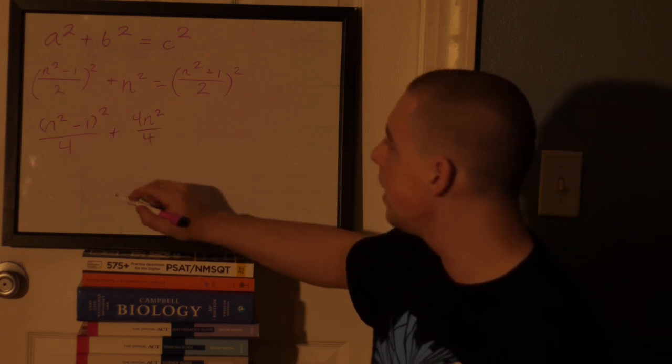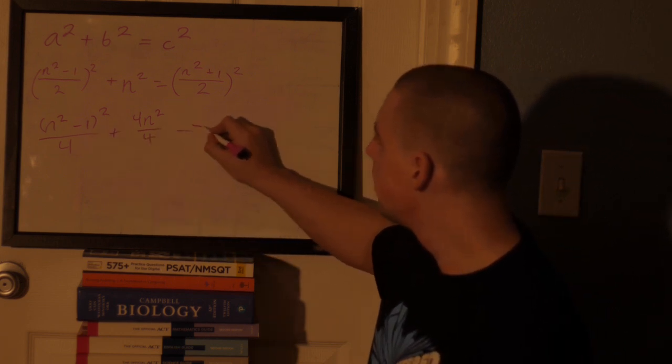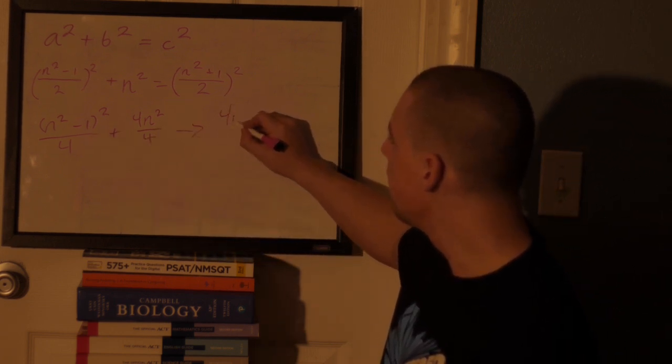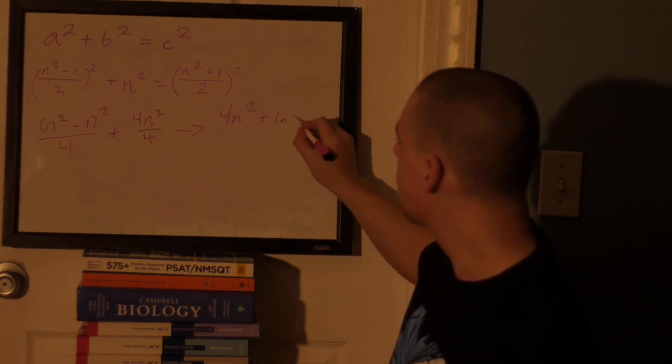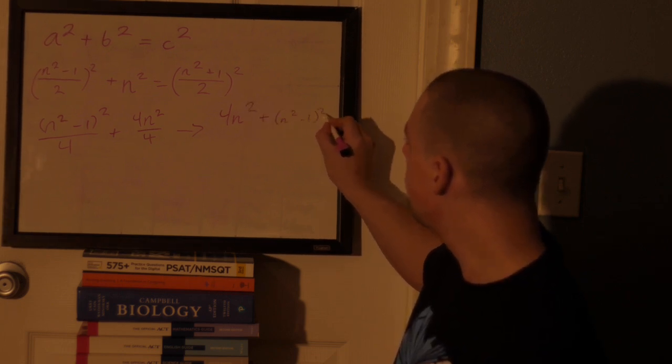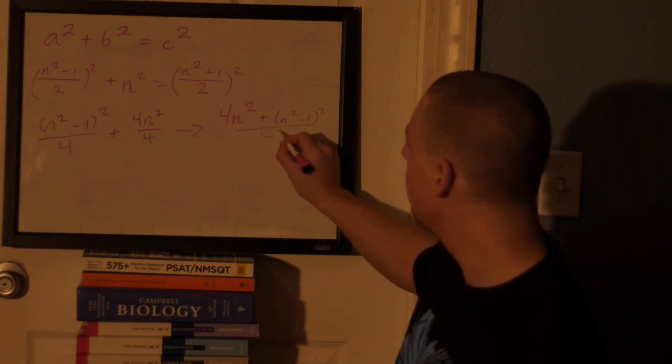Now we can add these two together to get 4n squared plus (n squared minus 1) squared all over 4.